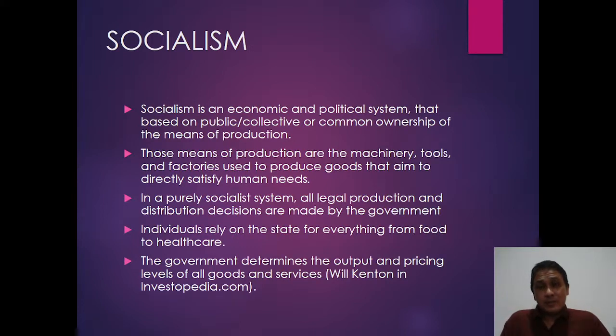In a capitalist society, the one who owns the means of production is the capitalist, the one who has capital, or the bourgeois. But in a socialist state or society, the means of production, which are machines, tools, and factories used to produce goods that directly satisfy human needs, are owned by the government.